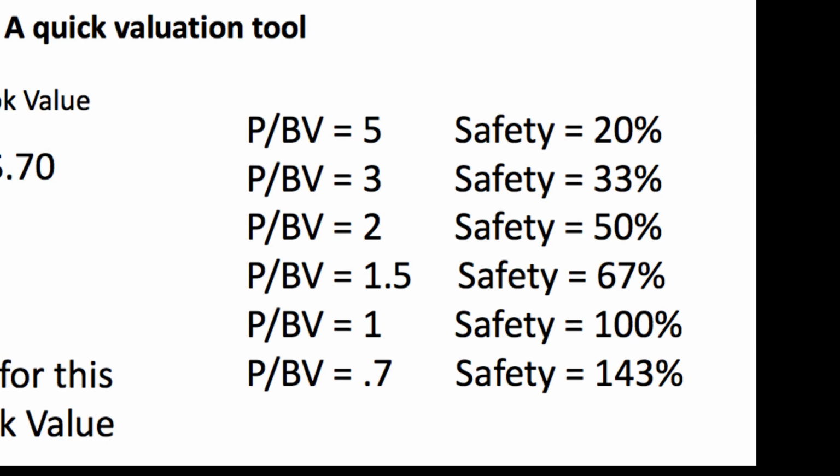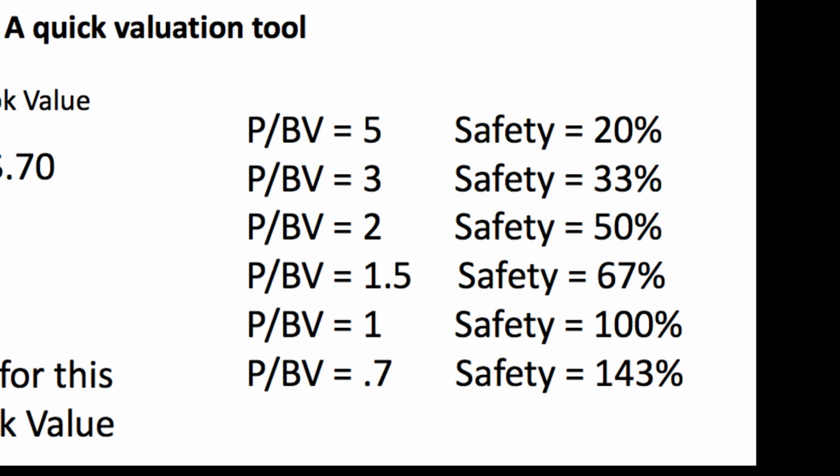If you had a company that had a price to book value of 5 on the ratio, that means that only 20% of what you're buying that company for is equity. Let's say it was a $100,000 business, only $20,000 is going to be the equity in the business. So if you bought it for $100,000 and you needed to end the business today, you'd only get $20,000.